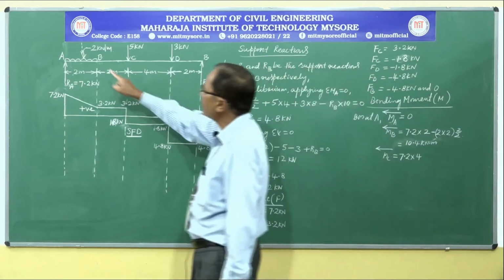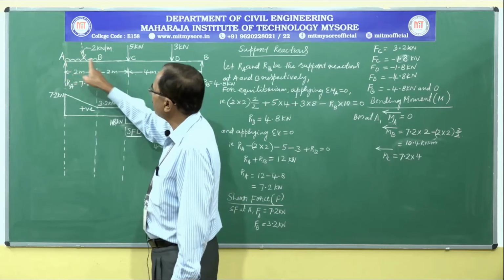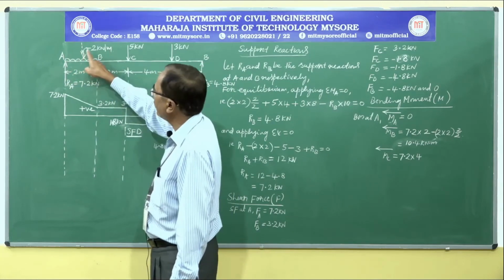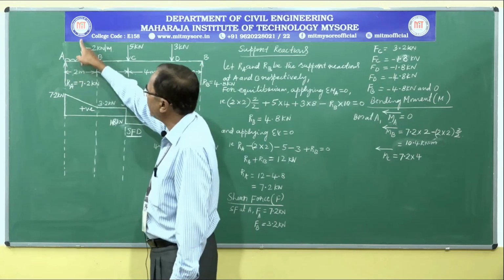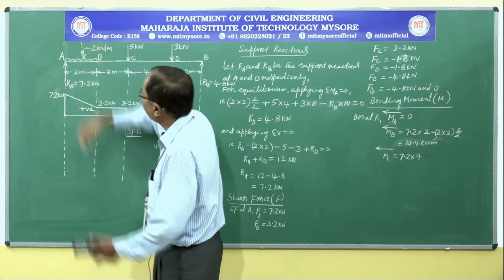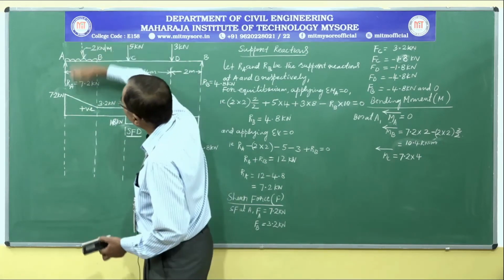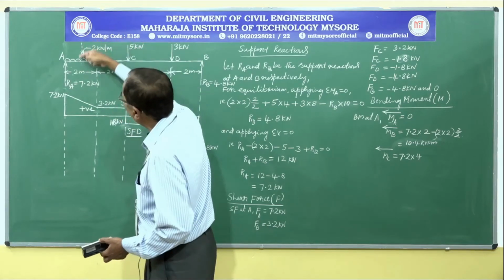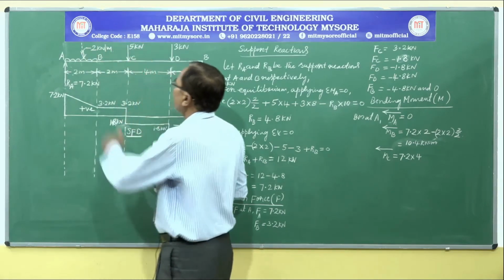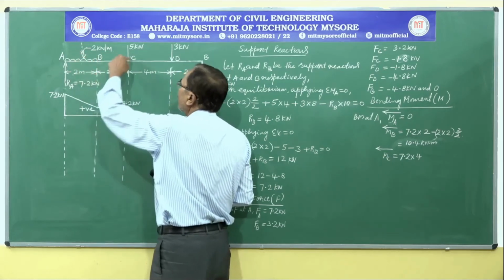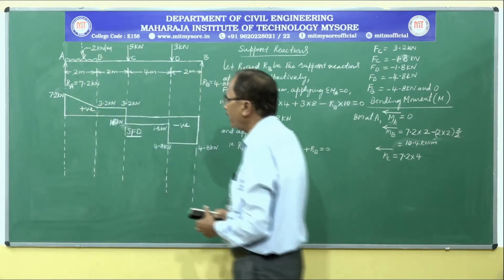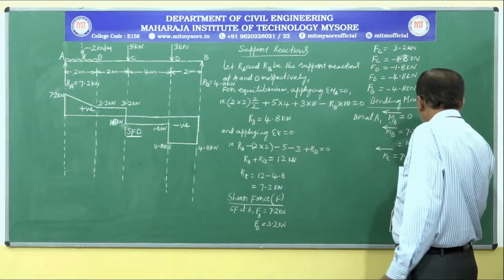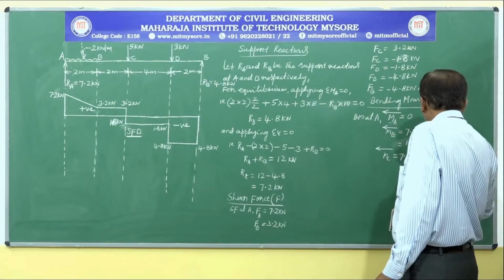Next is the uniformly distributed load. Convert this UDL to a point load, 2 into 2, 4, acting at the midspan of the UDL, and this point load of the UDL is creating an anti-clockwise moment about point C, hence it is negative. Minus 2 into 2.